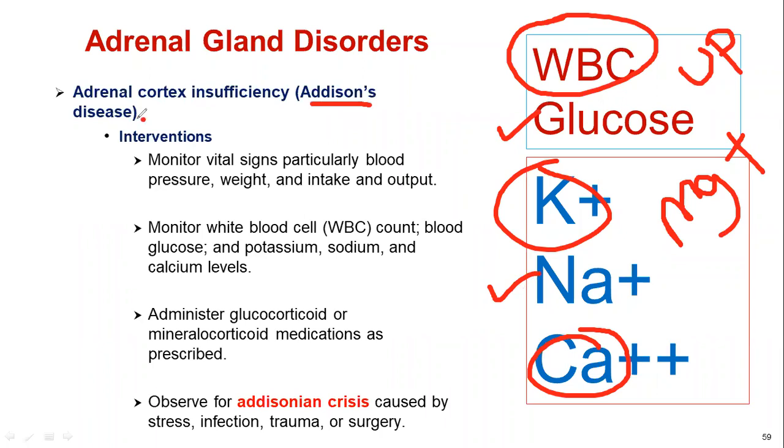So what is the intervention? Monitor the vital signs, monitor the white blood cell, right? White blood cell goes up, and also administer the glucocorticoids or mineralocorticoids, because glucocorticoid and mineralocorticoid are supposed to go down.